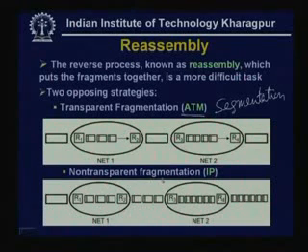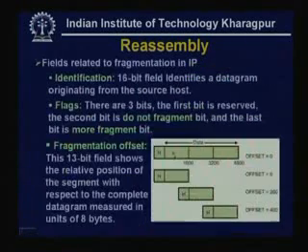That is why it is called non-transparent fragmentation, which is done by the IP protocol using 3 fields: identification, flags and fragmentation offset. Identification is a 16-bit field that identifies a datagram originating from the source host. This identification remains unaltered as the datagram is fragmented.